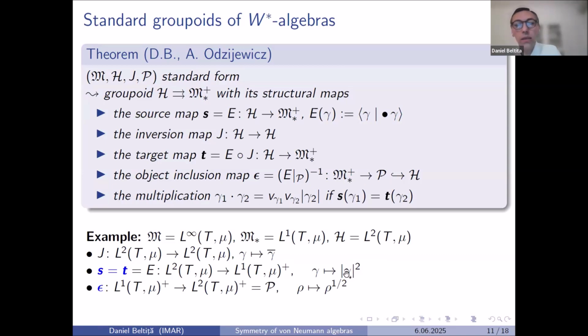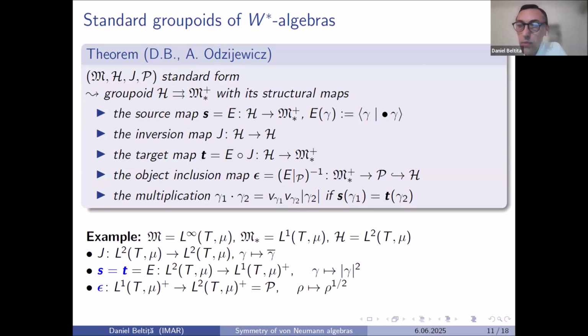As I said before, the conditional expectation is in some sense like taking the square of something, and this is the square root because this is the inverse of the previous one. So these are the mappings that form the standard groupoid in the case of commutative algebras.